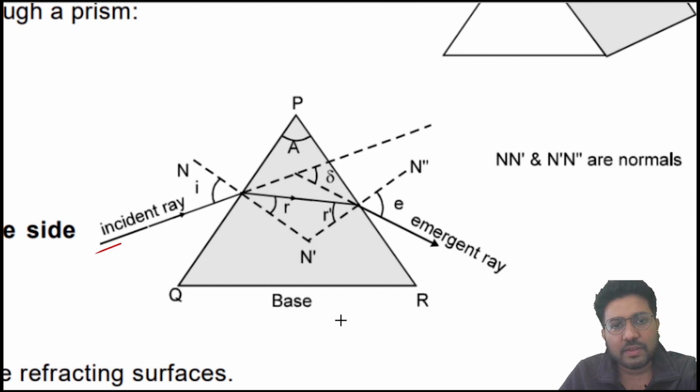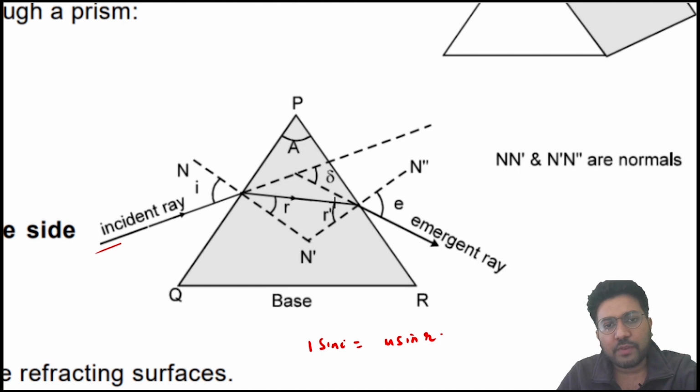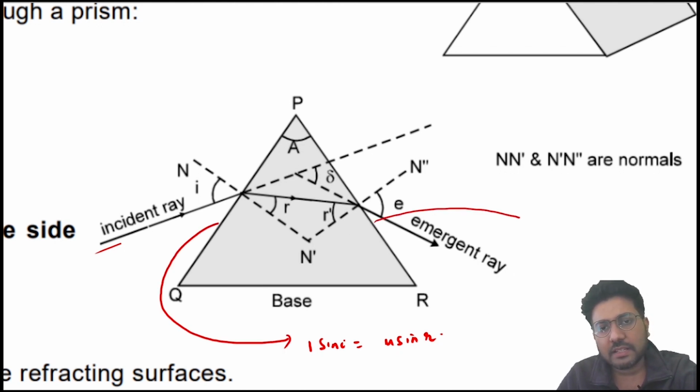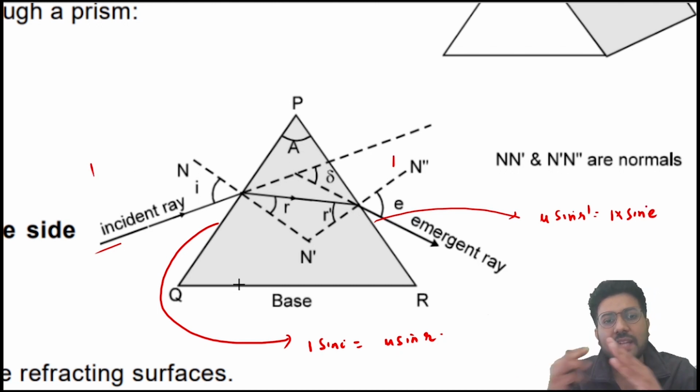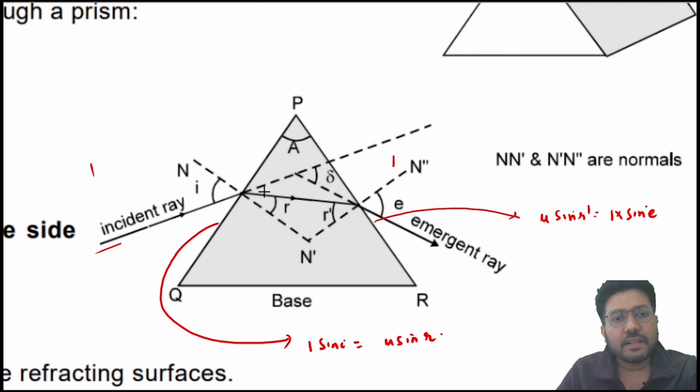So for the first surface, you can write the equation 1 into sine I is equal to mu into sine R. And from the second surface you can write the equation mu into sine R dash is equal to 1 into sine E, because on this side the refractive index is 1. We are assuming that the prism is placed in air, right? Now this is the incident ray and this is the emergent ray.